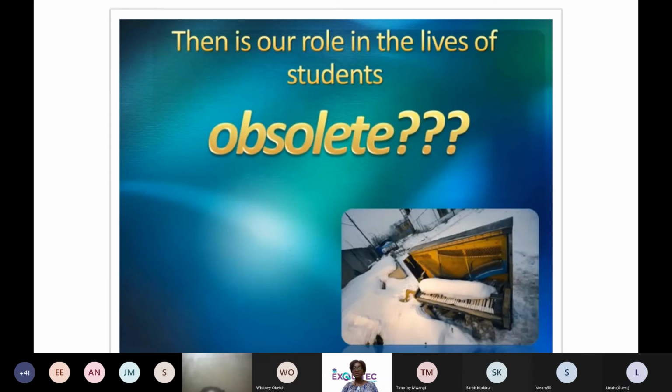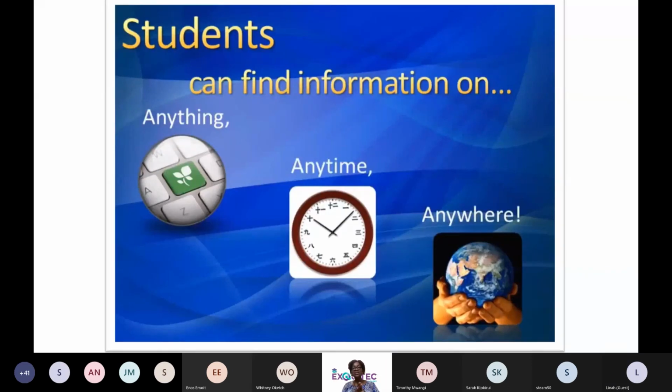But the truth is that if this is the only role we play in the lives of these students, then our importance is now obsolete. And why is that? Because students can find this information on anything, at any time and anywhere.